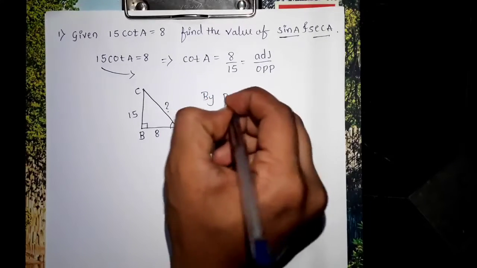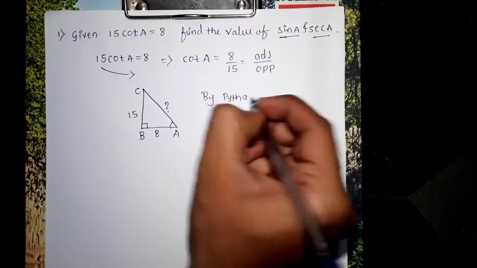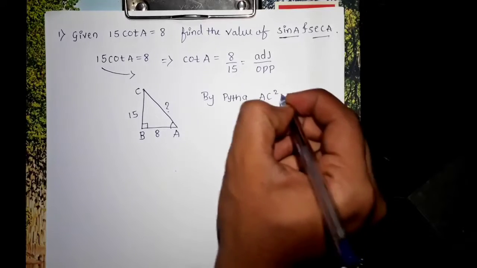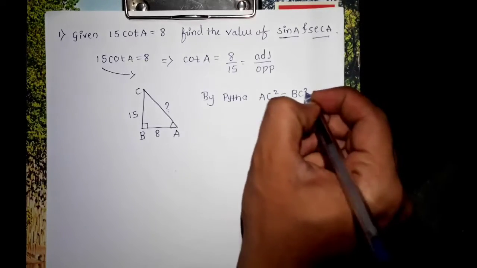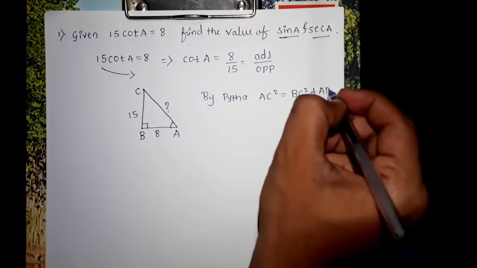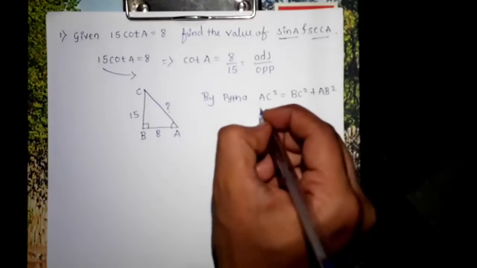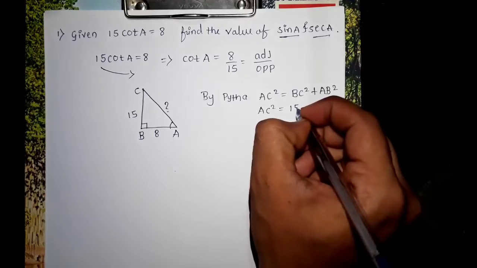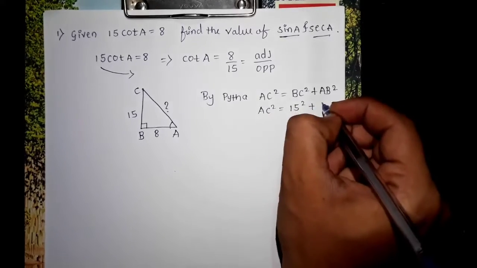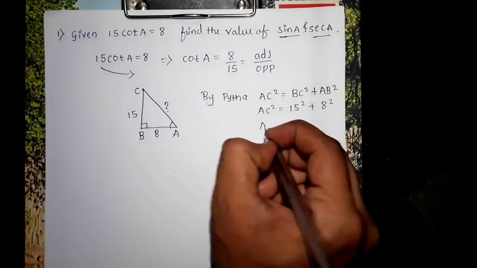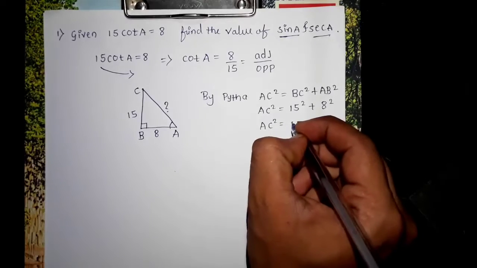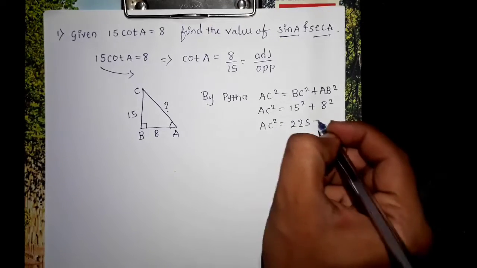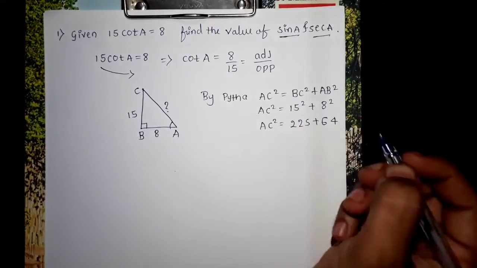By Pythagoras theorem, AC square is equal to BC square plus AB square. AC square is equal to, what is BC square? 15 square plus what is AB square? 8 square. AC square is equal to 15 15s are 225 plus 8 8s are 64.